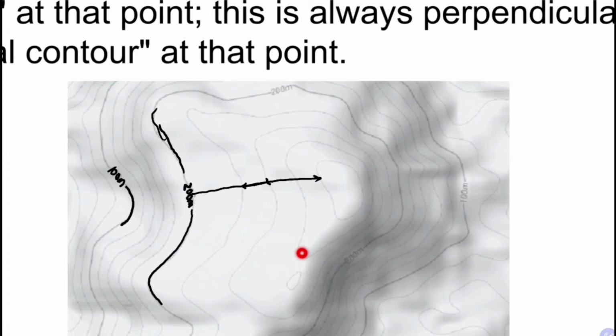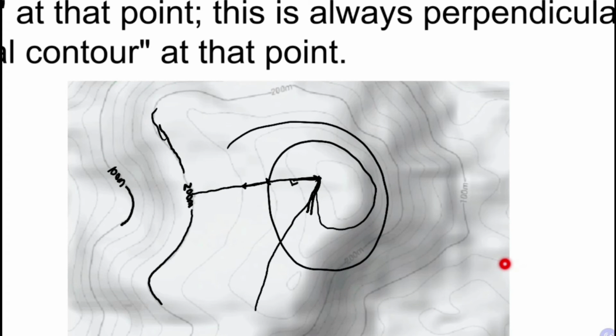When you go hiking, you normally go diagonally, because that is a gentle slope compared to going perpendicular to the contour. If you're not going perpendicular to the contour, the slope is gentle and it's easier to climb the hill. The place where it's perpendicular to the contour is what we call the steepest descent, the toughest path to go down a hill. It's easier to go the other way.